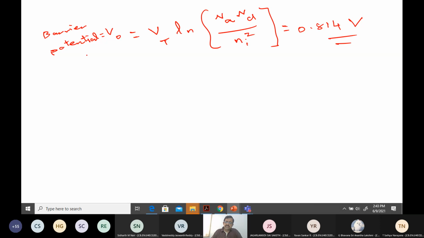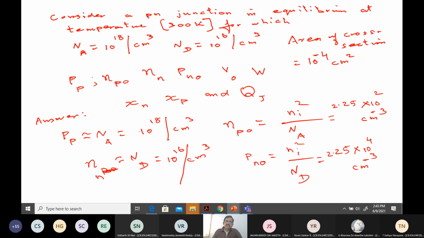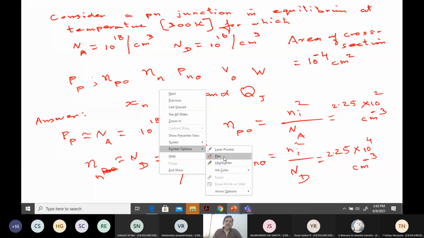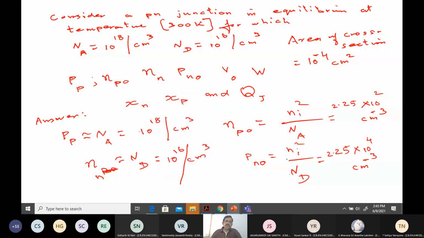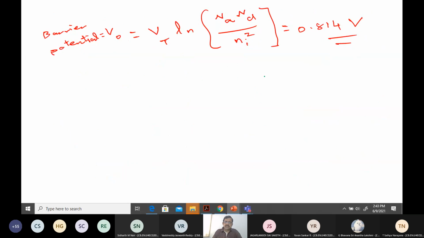Now the next thing. What are all the things we have found? We have found PP, NP naught, NN, PN naught, and V naught. Now the question is W, we need to find. Once we know V naught, W can be easily found from the formula that we discussed a while ago.